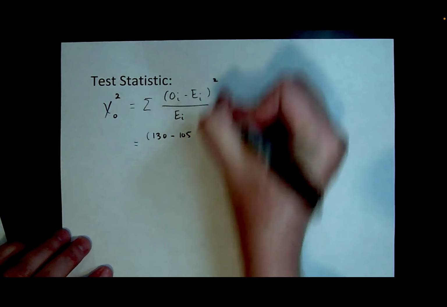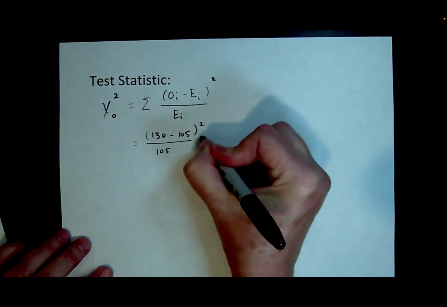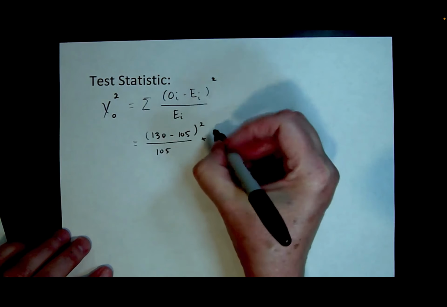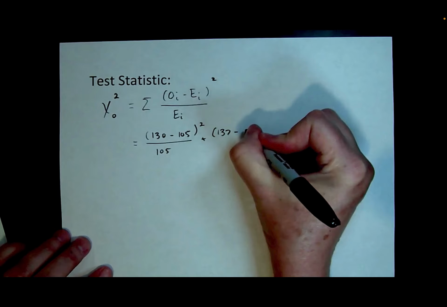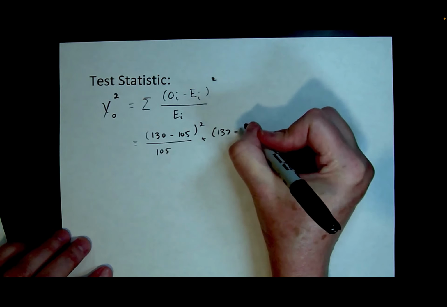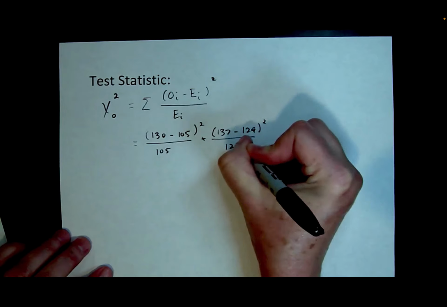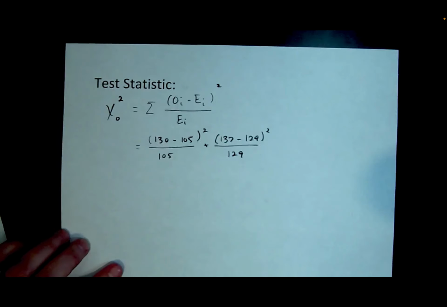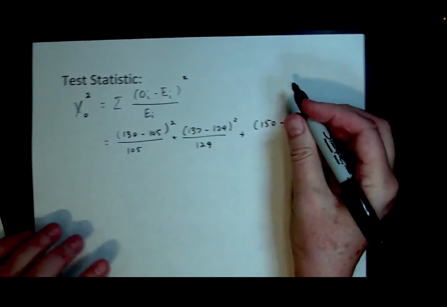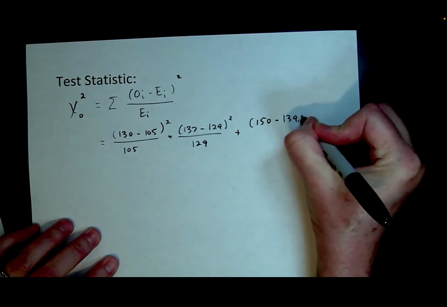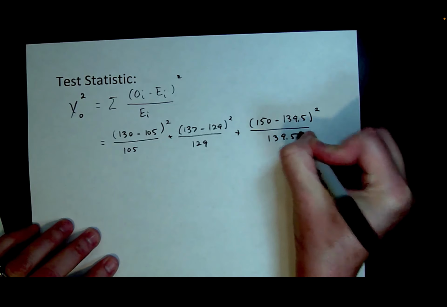Those are squared after you do the subtraction, and divide by 105. Then remember the sigma means add, so for category 2, observed count 137 minus expected count 129 squared over that expected count 129, plus 150 observed count minus 139.5 expected count, square the difference, divide by the expected count.